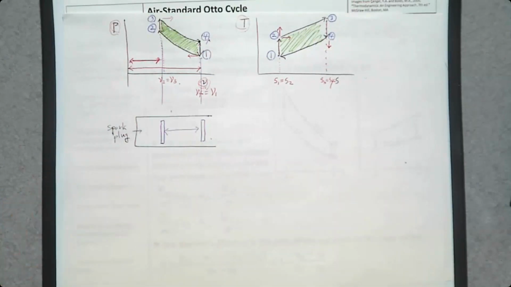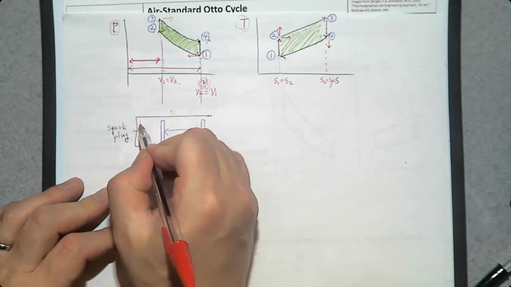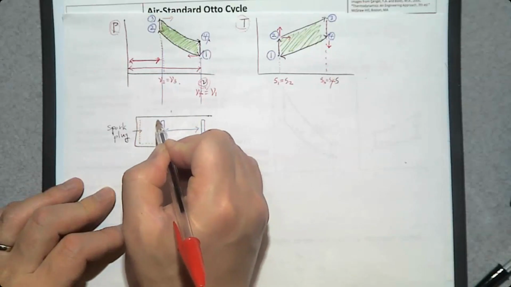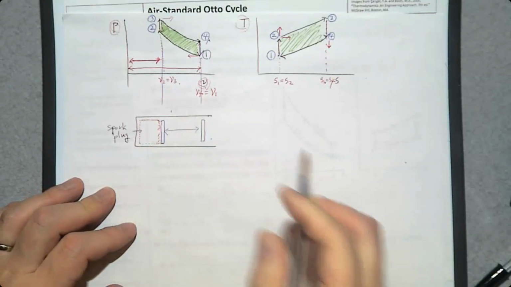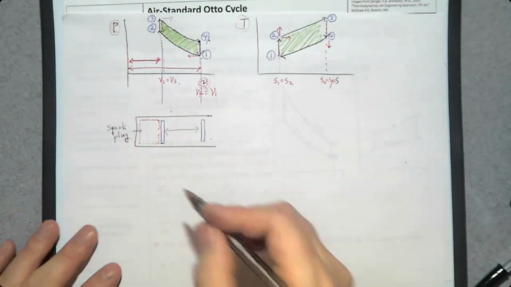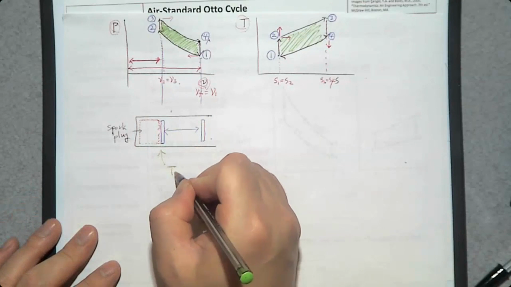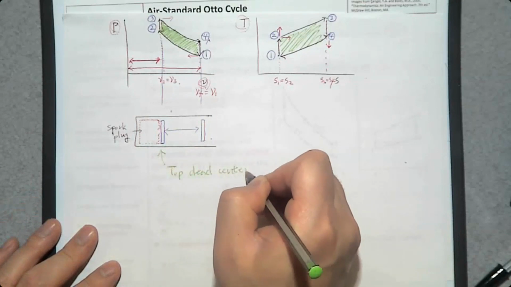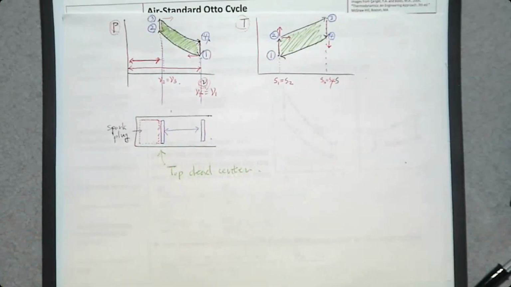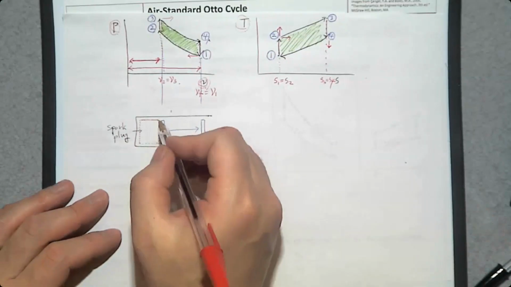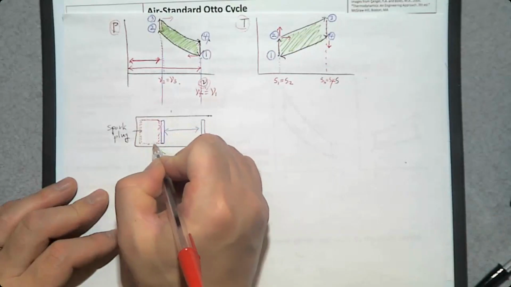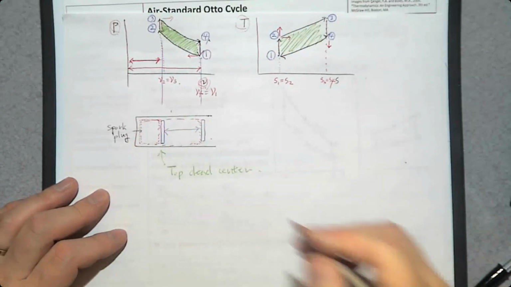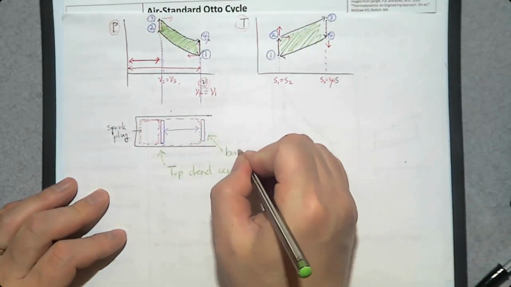So the volume of the air is going to be this one when the piston is at the top dead center. And the volume of the air is this much when the piston is at the bottom dead center.